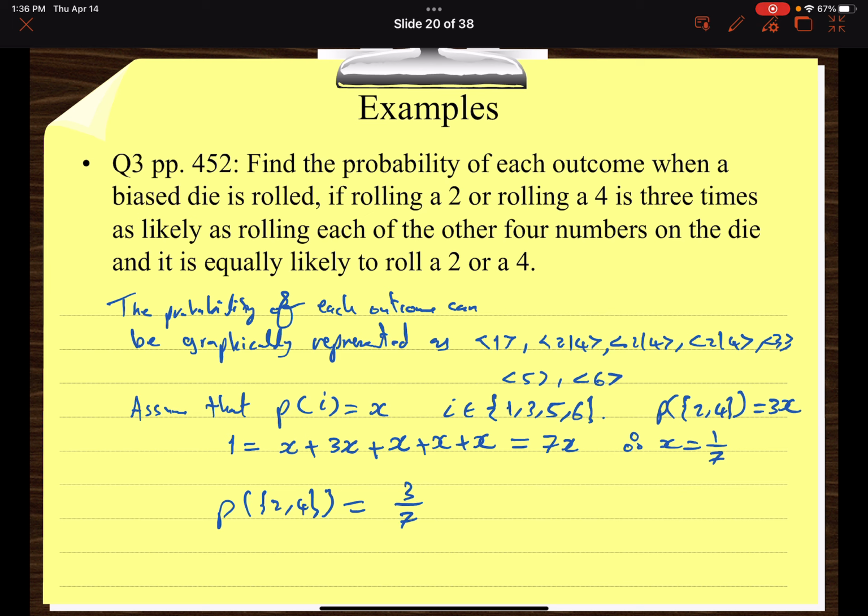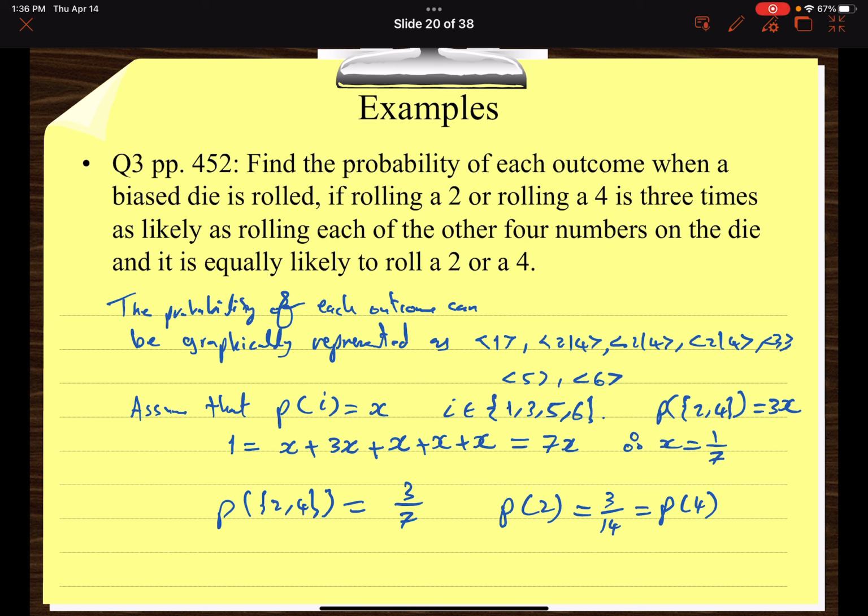So probability of a 2 or a 4 is equal to what? 3 over 7. So what is the probability of a 2 then? 1 out of 2 multiplied by 3 over 7, which is 3 over 7 divided by 2 because they are equally likely, right? So basically probability of 2 is 3 over 14, which is also the probability of 4.